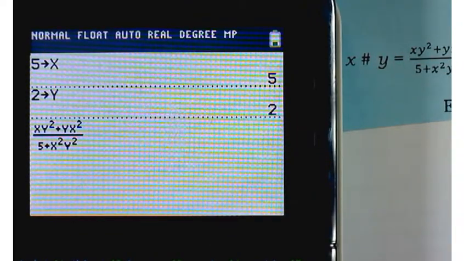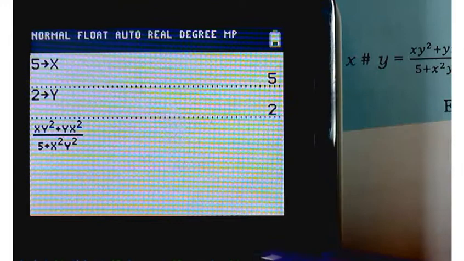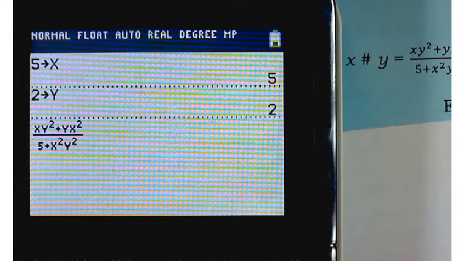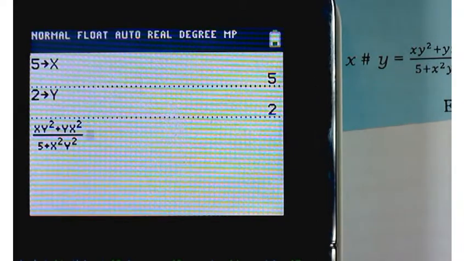Yeah, go ahead. Which one? Oh, alpha. Alpha linked?